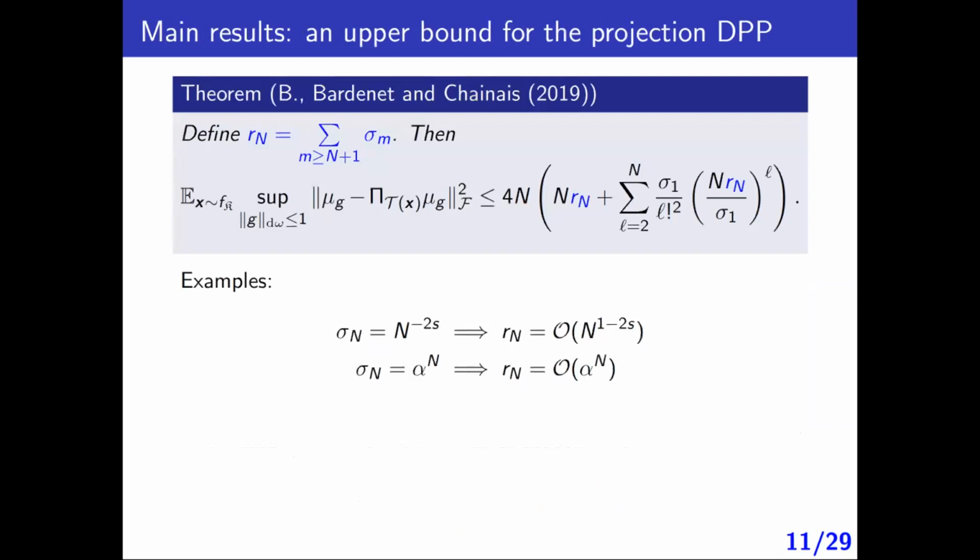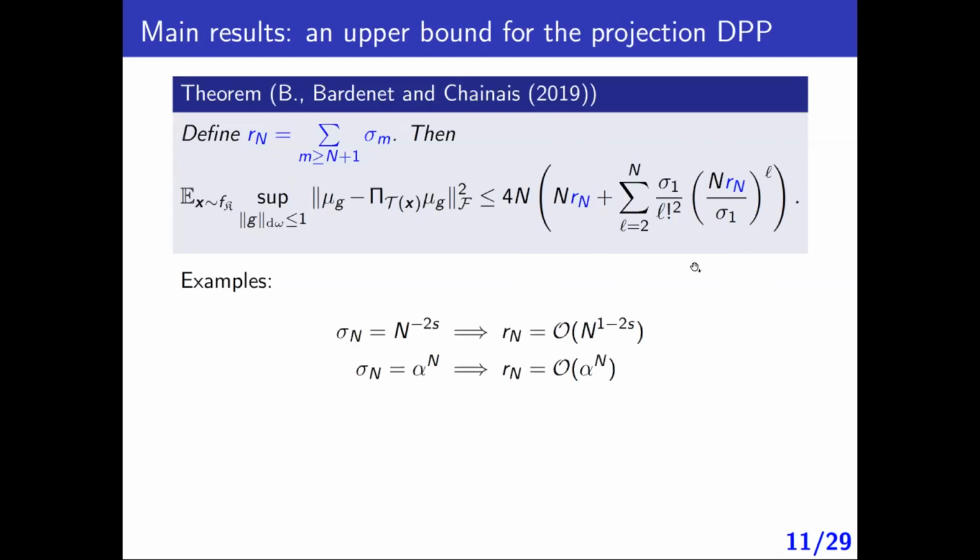And what we prove is that the expected value, under the distribution of the projection DPP, of the worst case interpolation error, where g is spanning the unit ball of L2, is upper bounded by this quantity that contains Rn. And we have a polynomial in n. So if we assume that the kernel is smooth enough, we will have Rn converging to 0 fast enough to get this convergence to 0.